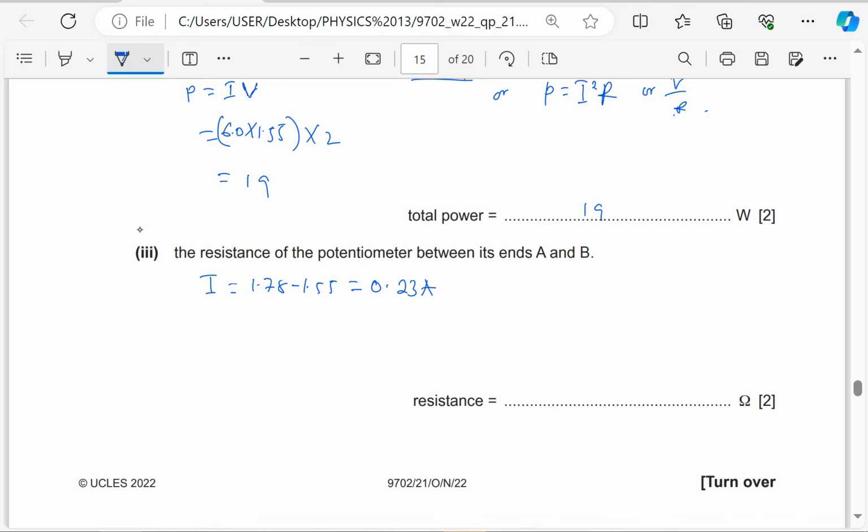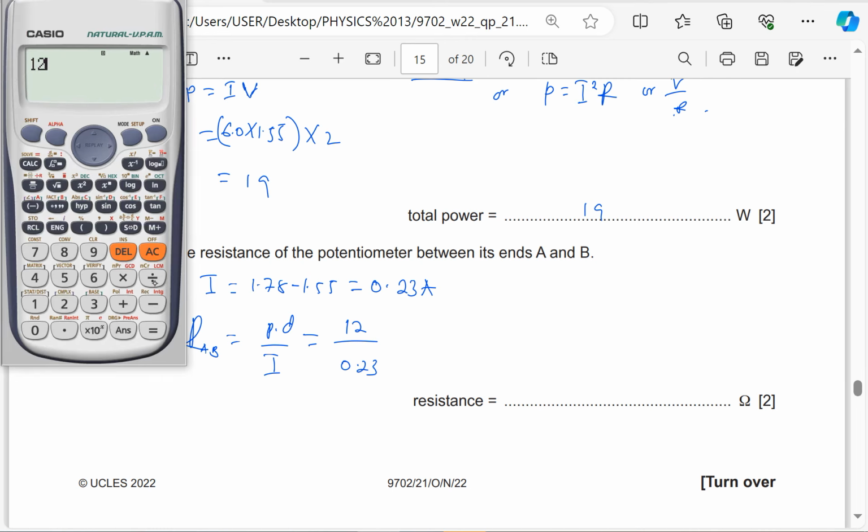Then the resistance AB is going to be the PD across AB over the current. Of course, the PD is the EMF, which is 12, and the current is 0.23. So 12 divided by 0.23, which is 52.2 ohms.